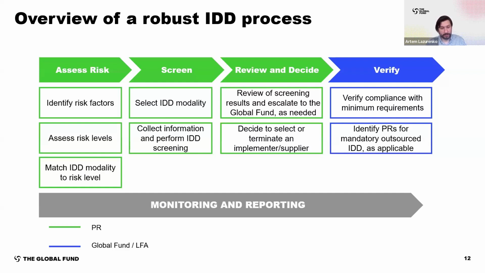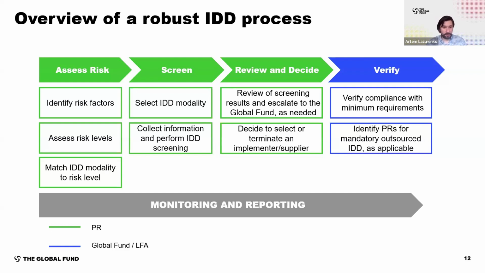You assess the risk levels against the classes and cohorts of counterparties that you have, and you select and match the IDD modality to risk level, making sure that more intensive IDD is being done on subrecipients and suppliers in cases where these are more exposed to risk and where an integrity failure could have more severe and more egregious consequences for our beneficiaries, as well as for the overall implementation of the Global Fund mission.